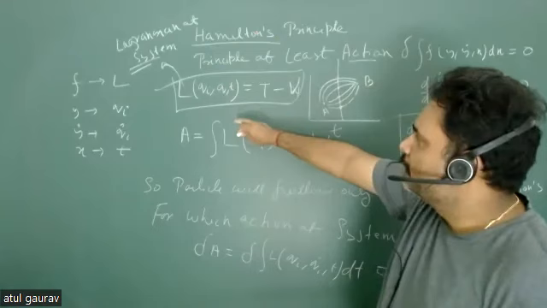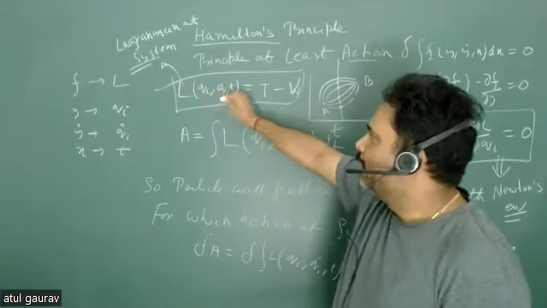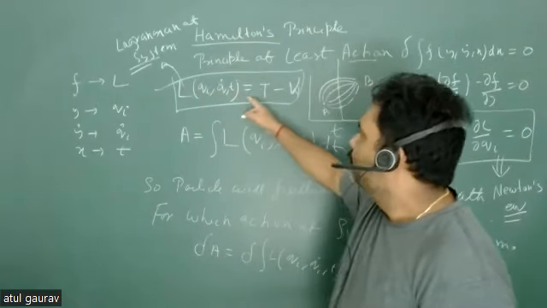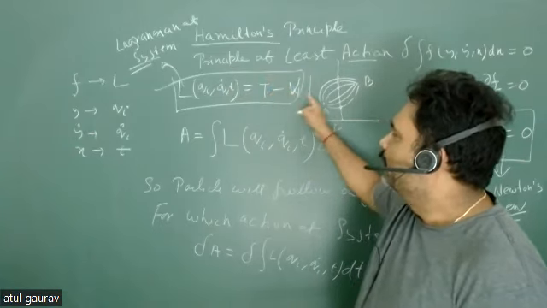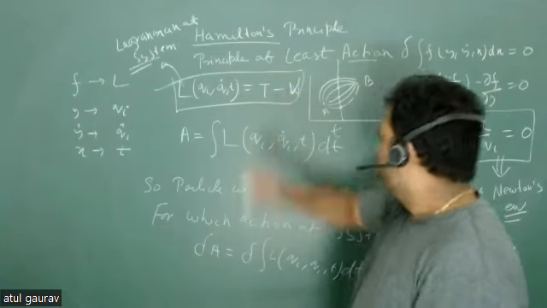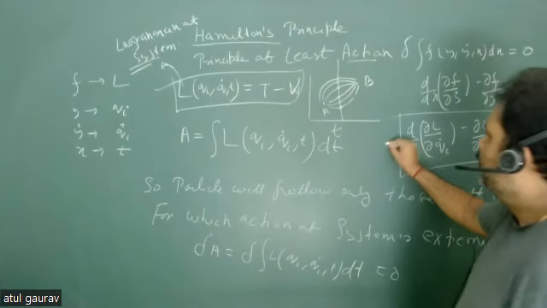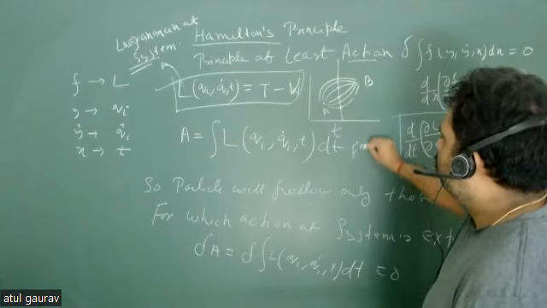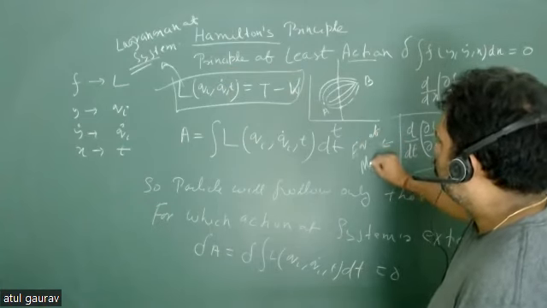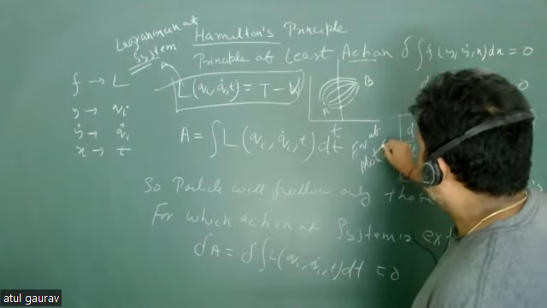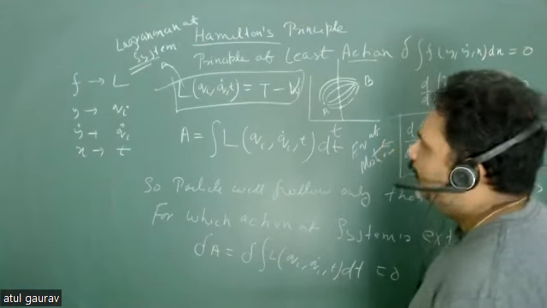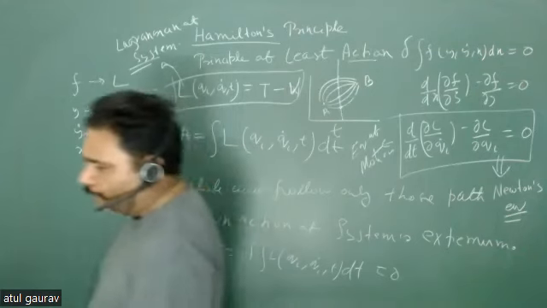So the Lagrangian is a function of generalized coordinate, generalized velocity, and time, and is equal to T minus V.